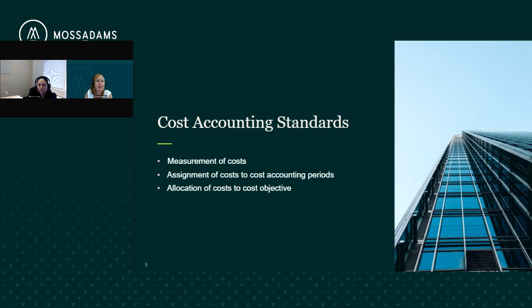Yeah, sure. Thanks, Sheila. Before we dive into some of the details on the cost accounting standards, it's important to understand their origin and how they came about. Back in 1970, the Cost Accounting Standards Board, also known as CASB, was established by Congress to ensure uniformity and consistency in cost accounting principles for government contractors. Their goal was to regulate contractors and subcontractors, require them to disclose their cost accounting practices in writing, and hold them to following those policies consistently.